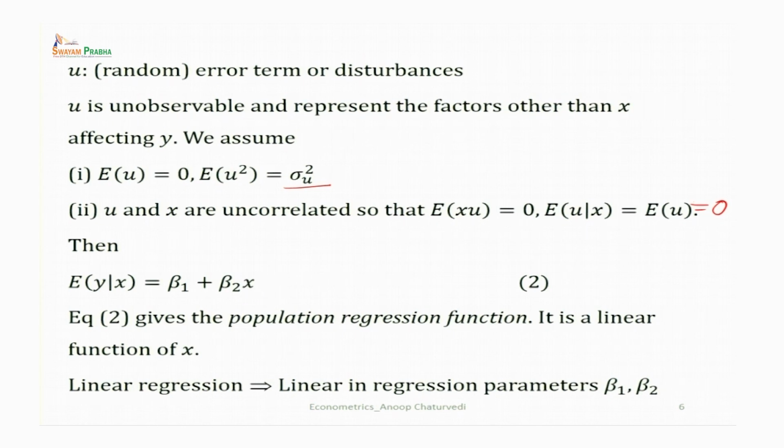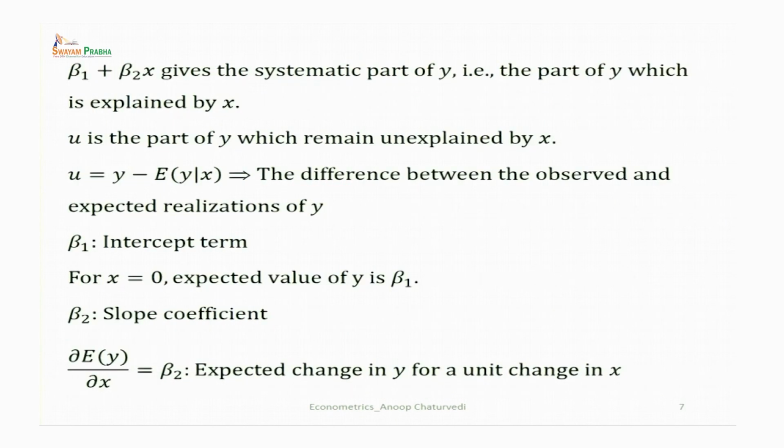Whenever we say it is a linear function, it means it is linear in regression parameters beta 1 and beta 2. So, beta 1 plus beta 2 x gives the systematic part of y, that is the part of y which is explained by x, and u is the part of y which remains unexplained by x.